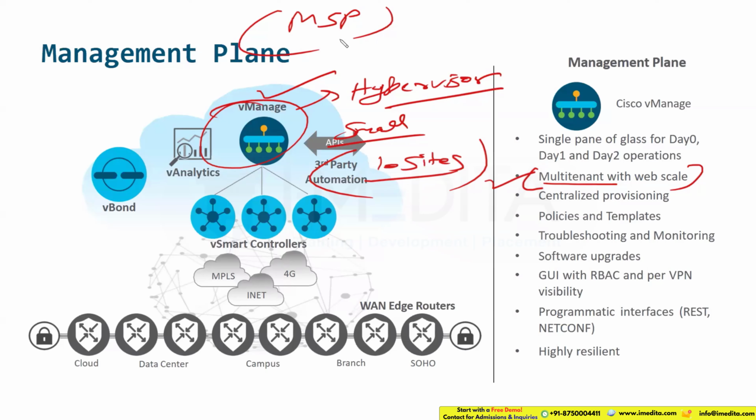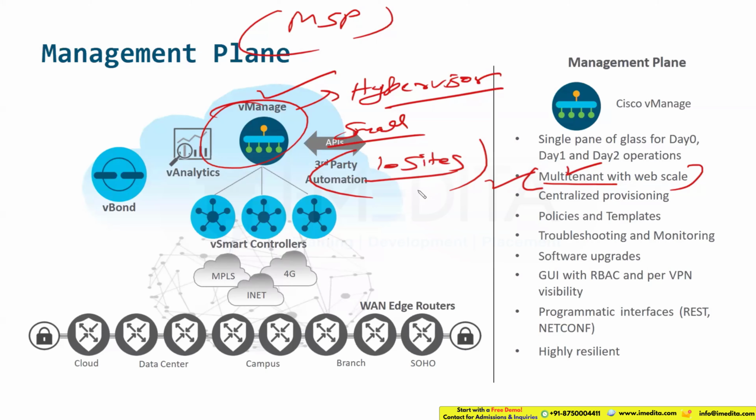Now, all these companies would have small customers, medium customers, and of course, large customers. So when they are deploying this SD-WAN solution, especially for the smaller customers, this feature of multi-tenancy allows you to use a single vManage for multiple customers.